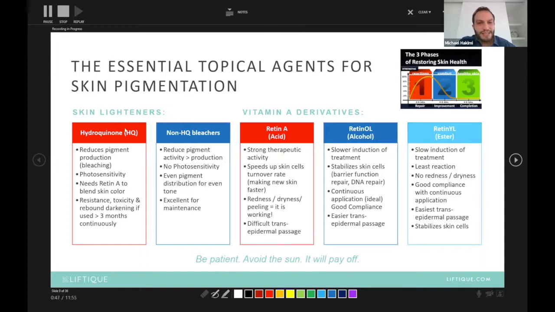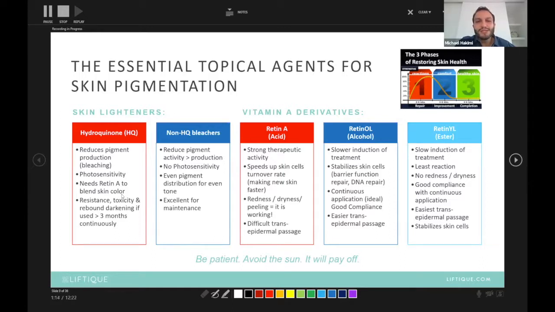As you've noticed, these are color-coded and there's a reason behind it. Hydroquinone is the strongest bleaching agent available. That's why when I start my patients for the first time, or if I'm preparing them for a CO2 laser or a chemical peel, I give them a skincare line that includes hydroquinone, but I warn them that it could be irritating for the first couple of months.